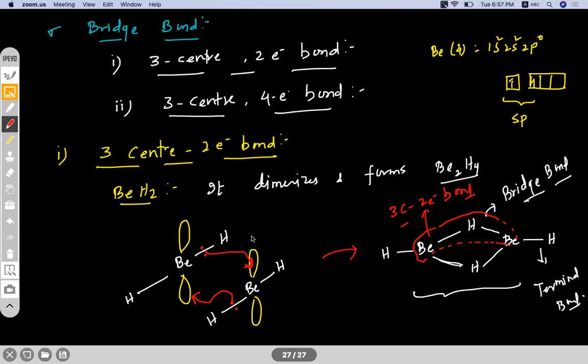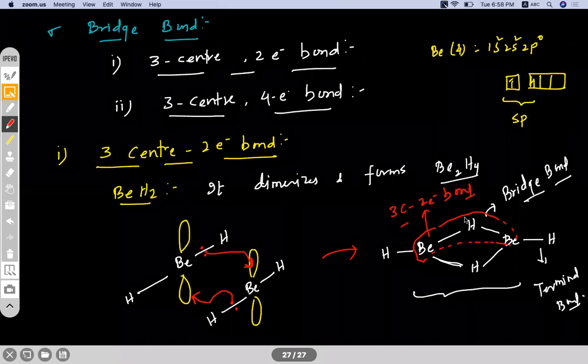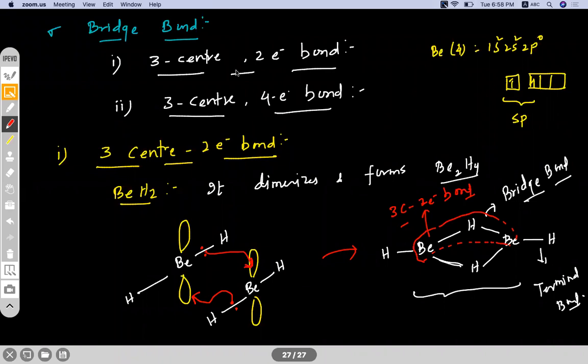And the 2 electrons which were present between this beryllium and hydrogen, now in this dimerized form, are associated with the 2 beryllium atoms and 1 hydrogen atom, these 3 atoms. That's why we have 3-center. 3-center means 3 nuclei and 2 electrons. Clear?